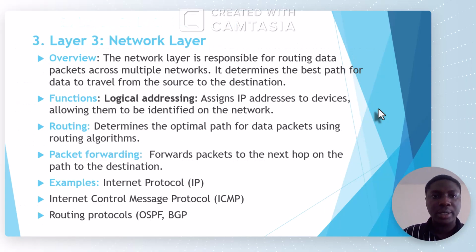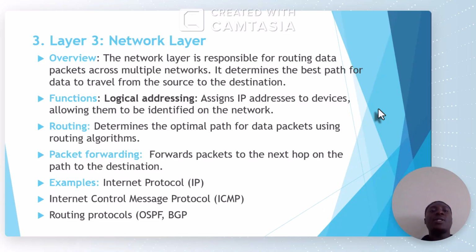The third layer is the network layer. Overview: the network layer is responsible for routing data packets across multiple networks. It determines the best path for data to travel from the source to the destination.